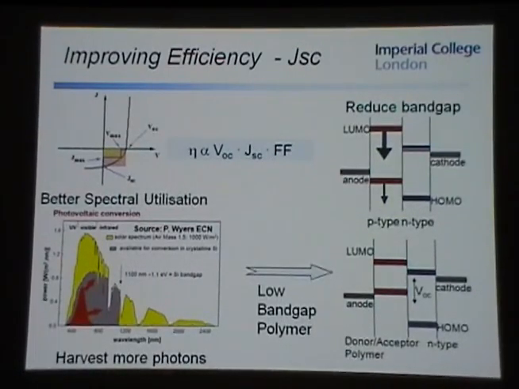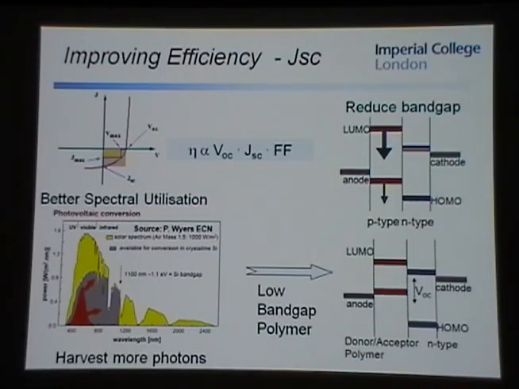So as I already mentioned, we can quite simplistically think where the VOC comes from. The JSC, again, you think about how that relates to molecular properties. That mainly relates to the band gap of the semiconductor. So if we do decrease the HOMO to increase the VOC, we need to make sure that we reduce the LUMO at the same time, or ideally perhaps by an even bigger degree.